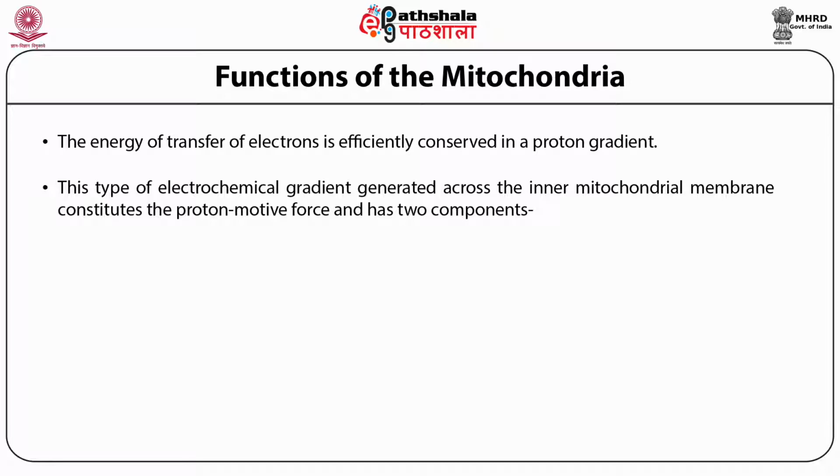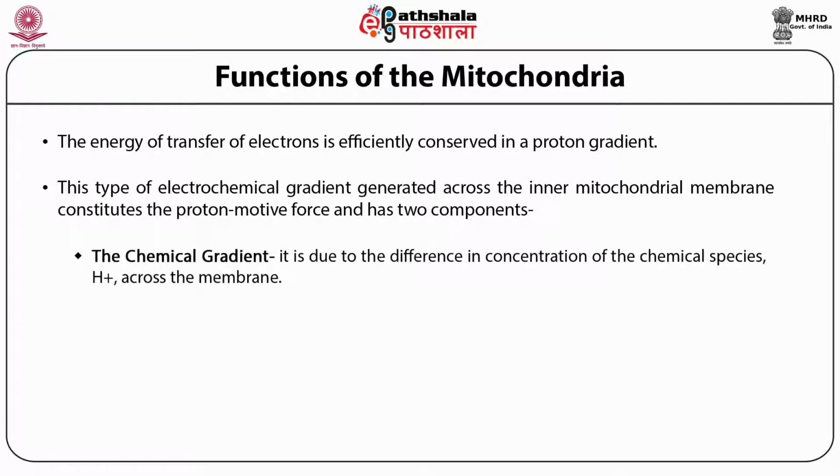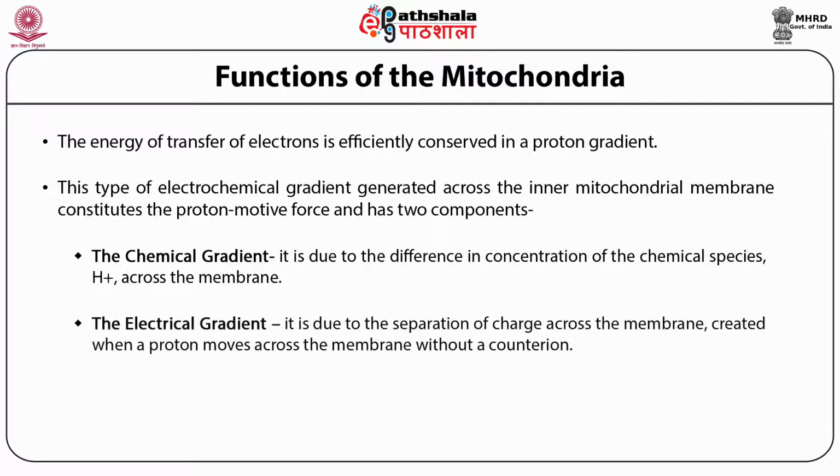This proton motive force has 2 components. First, the chemical gradient, which is due to the difference in concentration of the chemical species, the protons, across the membrane. The second is the electrical gradient.